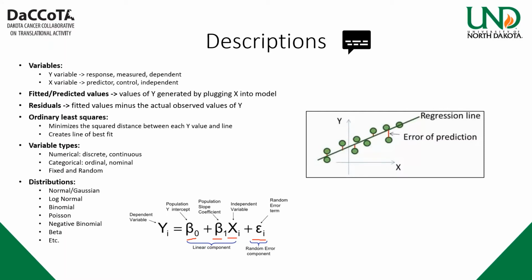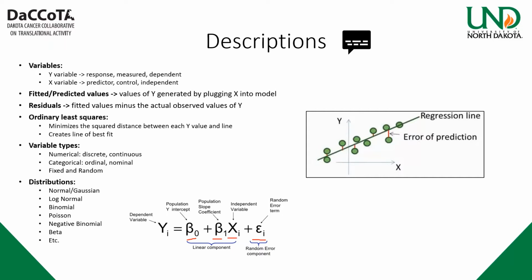The green are the observations, the line is the fitted line, and then the error prediction is the residuals. So what this is all leading to is that what regression is essentially doing is this procedure of ordinary least squares. What's going on under the hood when you're running this on the computer is that you're trying to minimize the squared distance between each y value and the line.